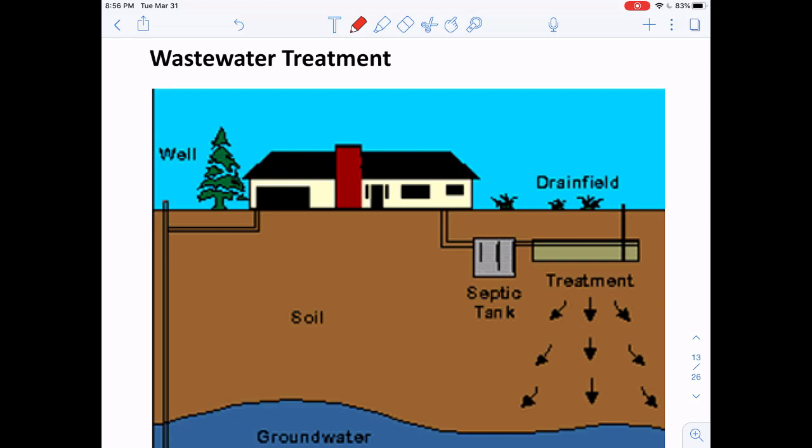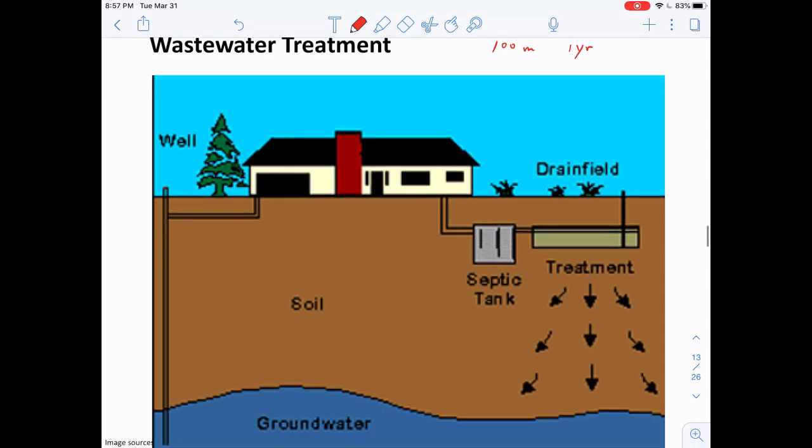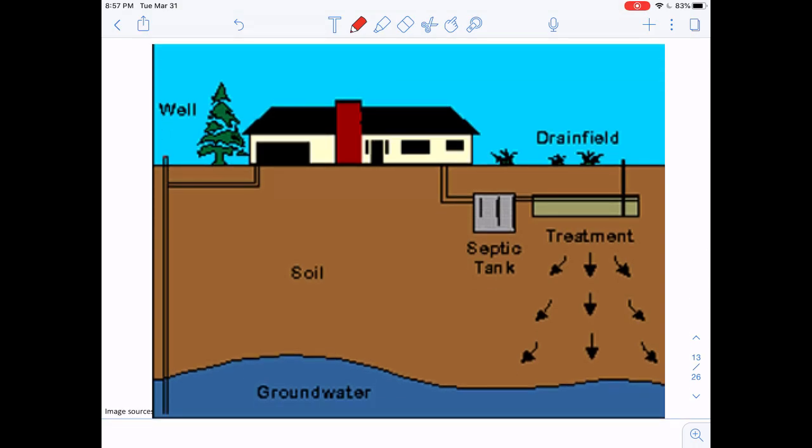If two houses are separated by 100 meters, which is an example problem we talked about earlier, then it takes almost 1 year for the contaminant to move from house A to house B, right? So from these sand filtrations or rock formations, the water will get further purified, and then the water can finally mix with the groundwater.